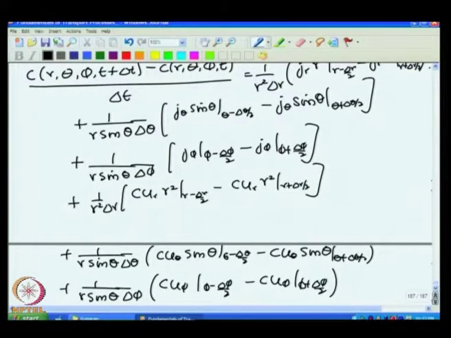To get to the differential equation, I have to take the limit delta t, delta r, delta theta and delta phi going to 0.